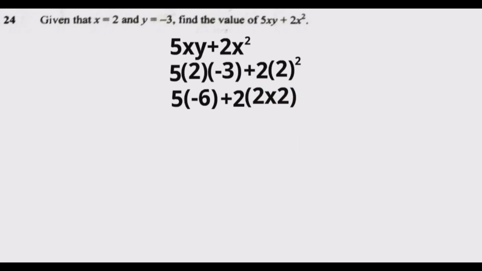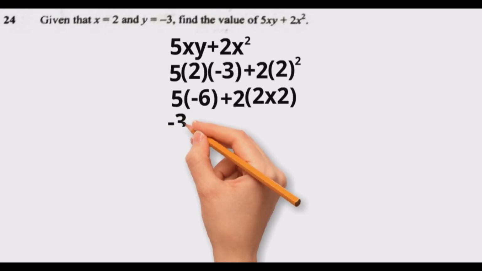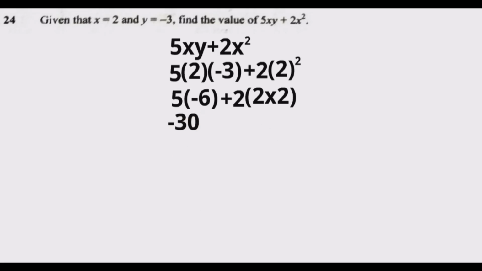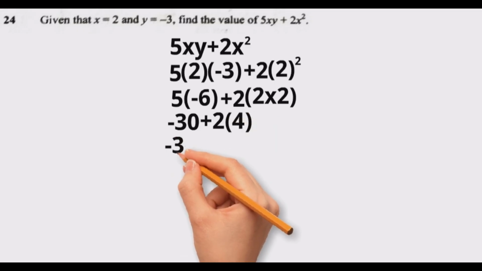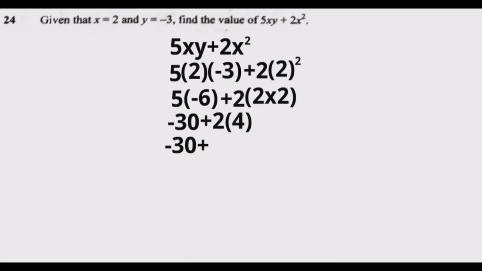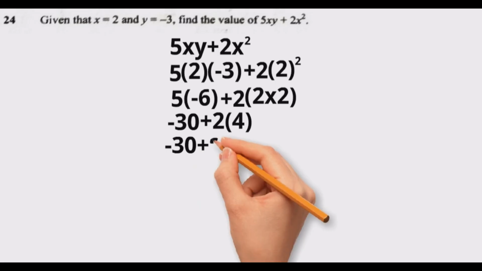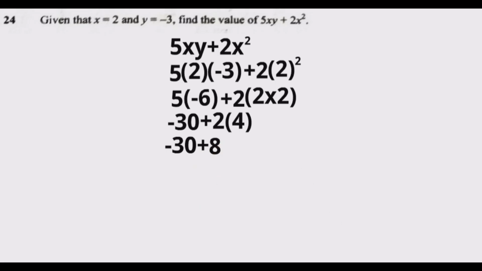Next, 5 multiplied by negative 6 will give us negative 30. 2 multiplied by 2 will give us 4, so we have 2 multiplied by 4, which gives us 8. Then negative 30 plus 8.